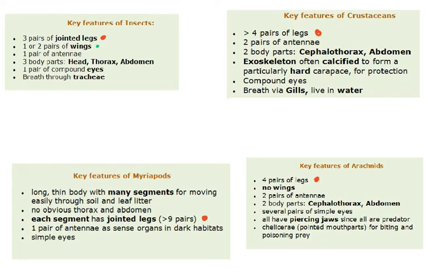Here we don't have any wings. No wings. And here we have no wings. So wings are only present in insects. This is a very key feature that you must remember, that the crustaceans, myriapods, and arachnids do not have any wings.